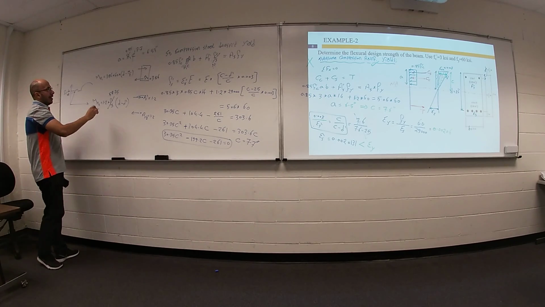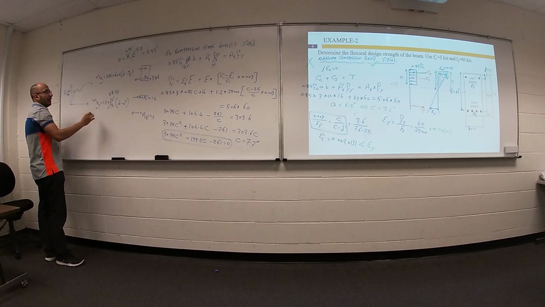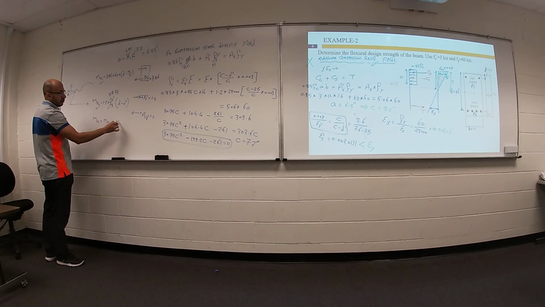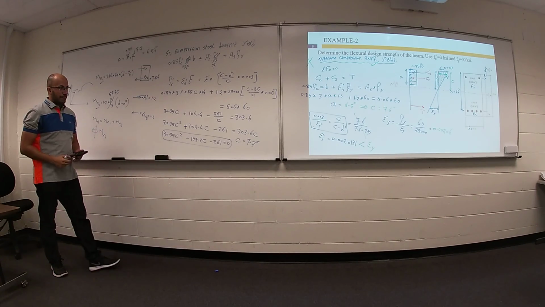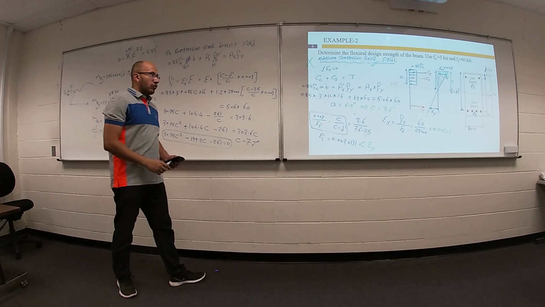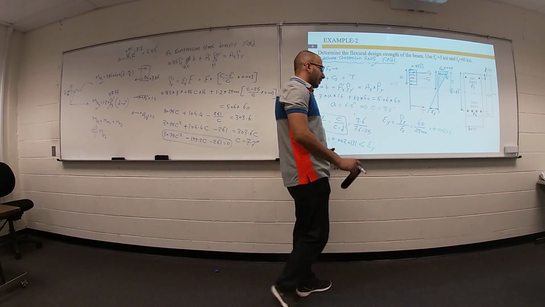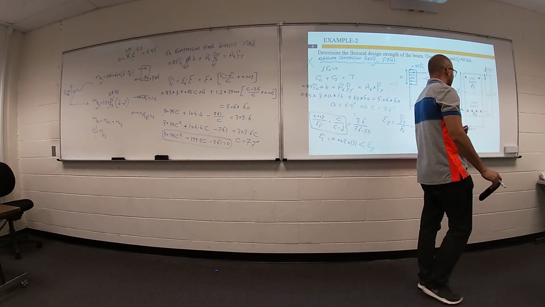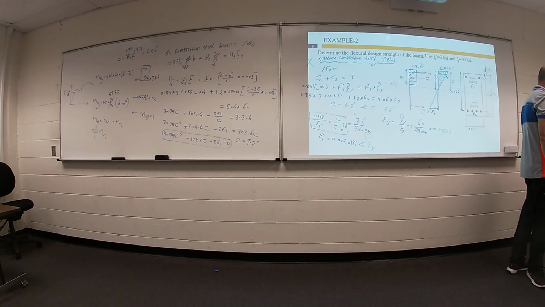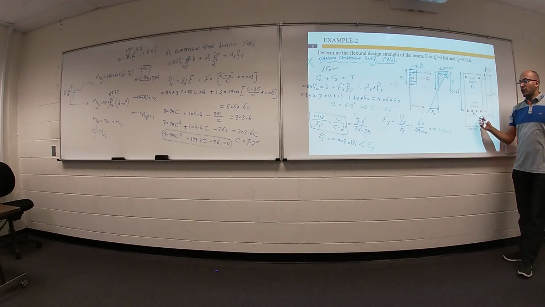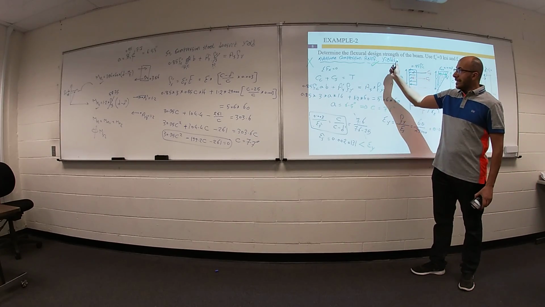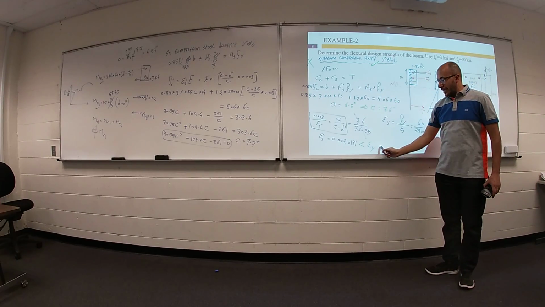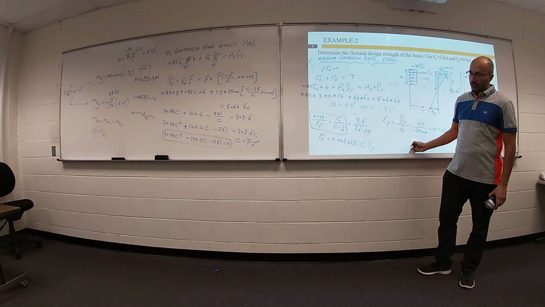Okay? So you can find Mn1, you can find Mn2, and Mn total equals Mn1 plus Mn2. Your design moment will be phi times Mn. So you are super lucky if you have double reinforcement and you assumed first that your compression steel yields, and after you check, your steel did not yield.